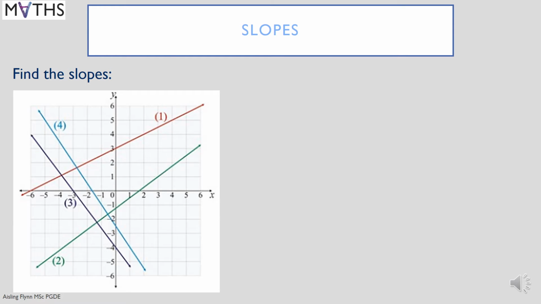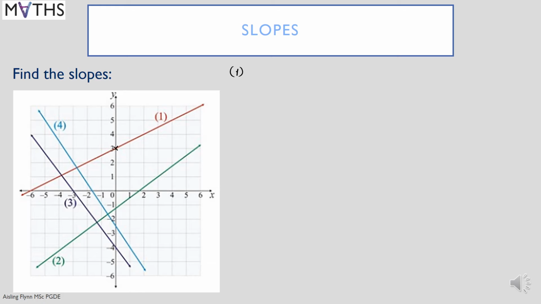Okay, so more about slopes, and we're going to calculate the slopes from the following graph. Okay, we have 4 lines here, and for each one we're going to use our rise over run. So line number 1 is the red line. So again, choose any 2 points, but it's useful to choose 2 points that are on grid lines.